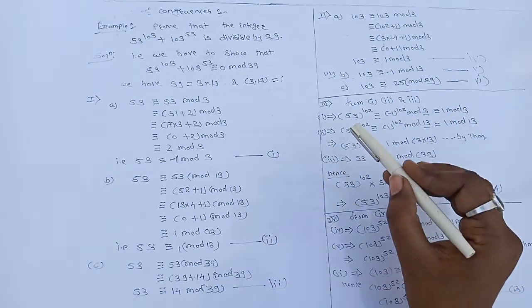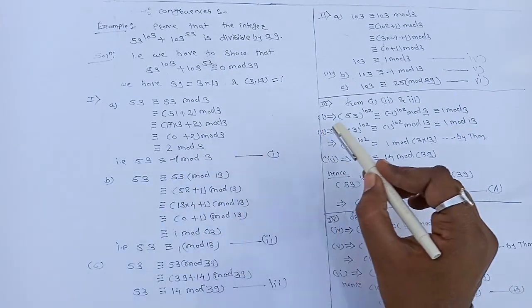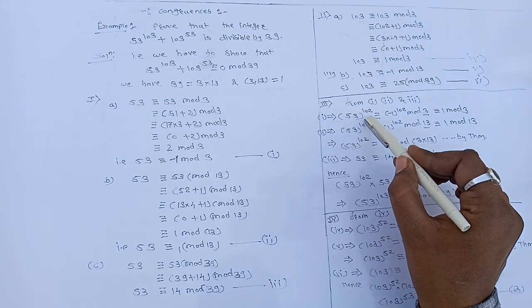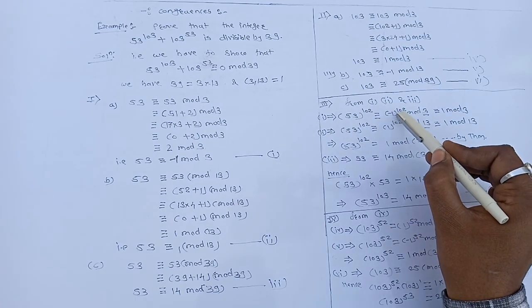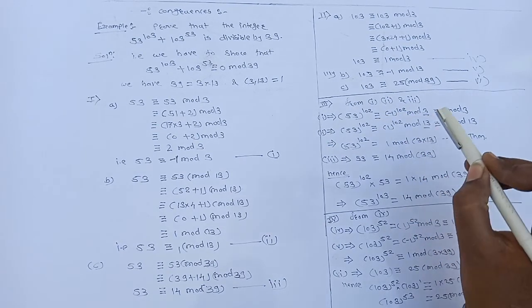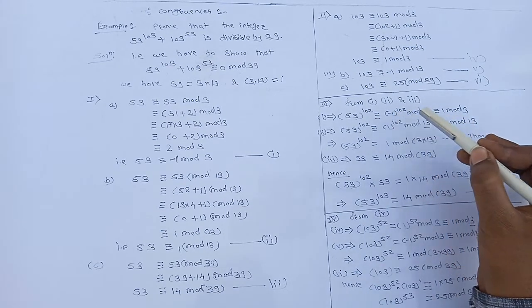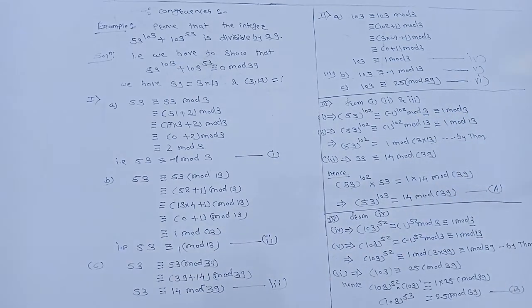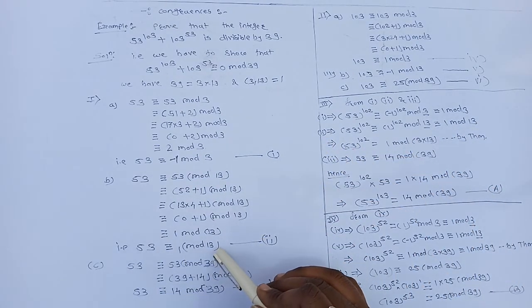Now the third part of this. From first, second and third, 53 congruent to minus 1 mod 3, so you can write 53 raised to power 102 congruent to minus 1 raised to power 102 mod 3. This is for mod 3. That means minus 1 raised to power 102 is 1, so this is congruent to 1 mod 3. Similarly, for mod 13, from second, 53 congruent to 1 mod 13.